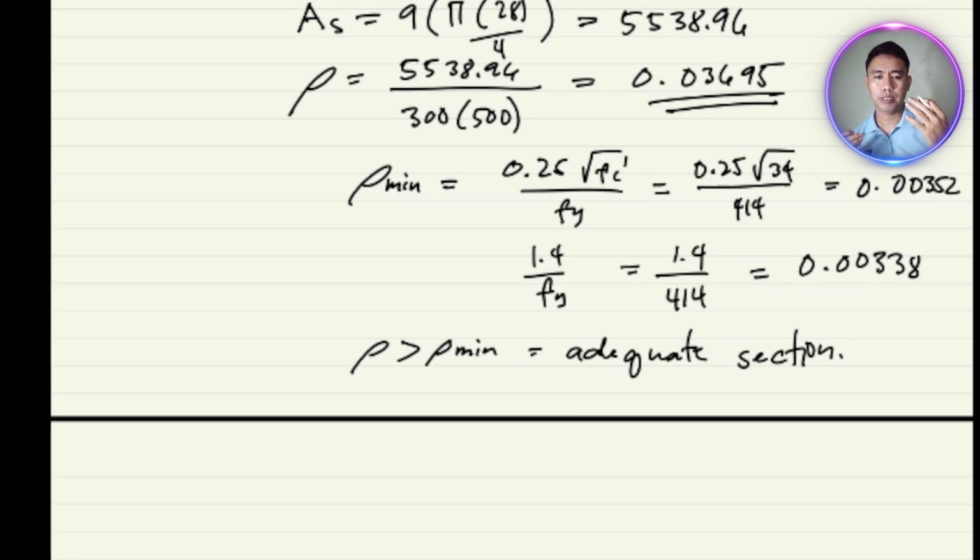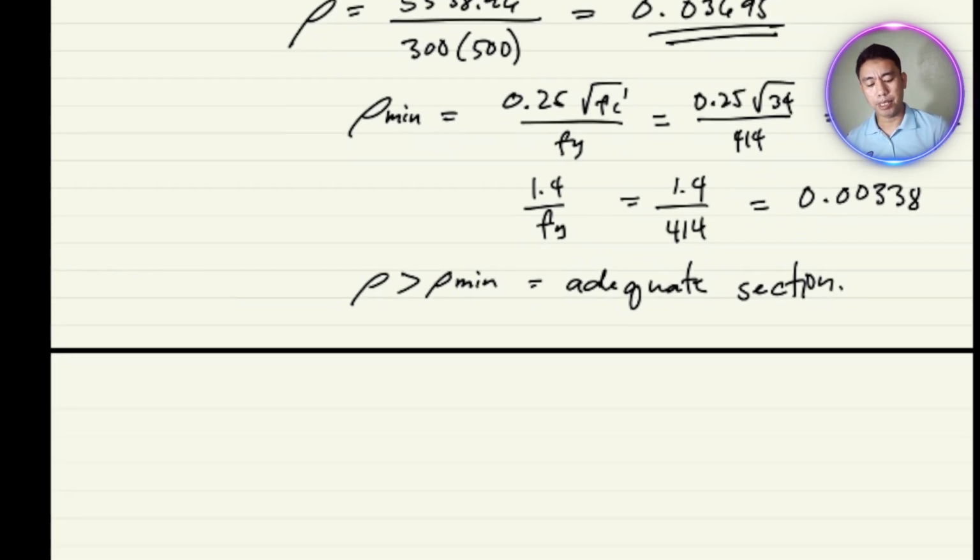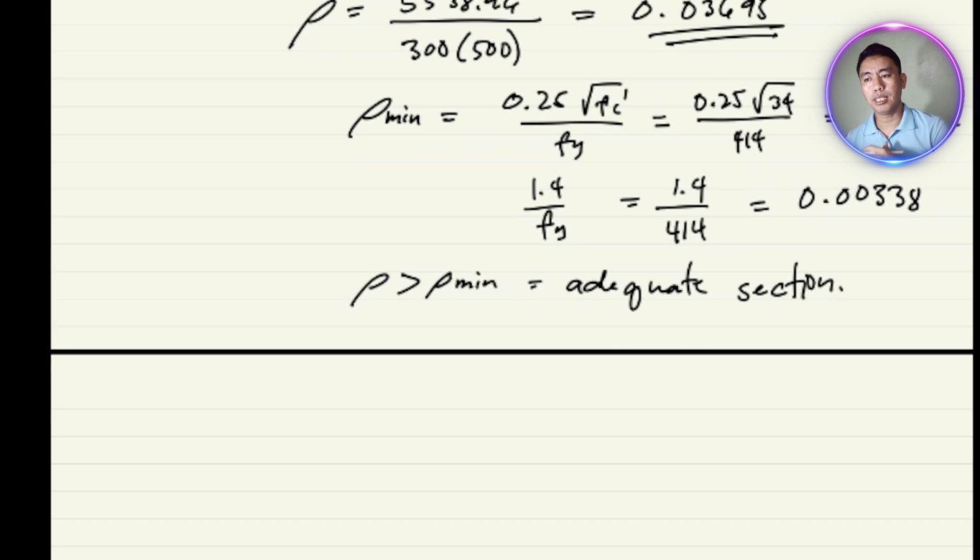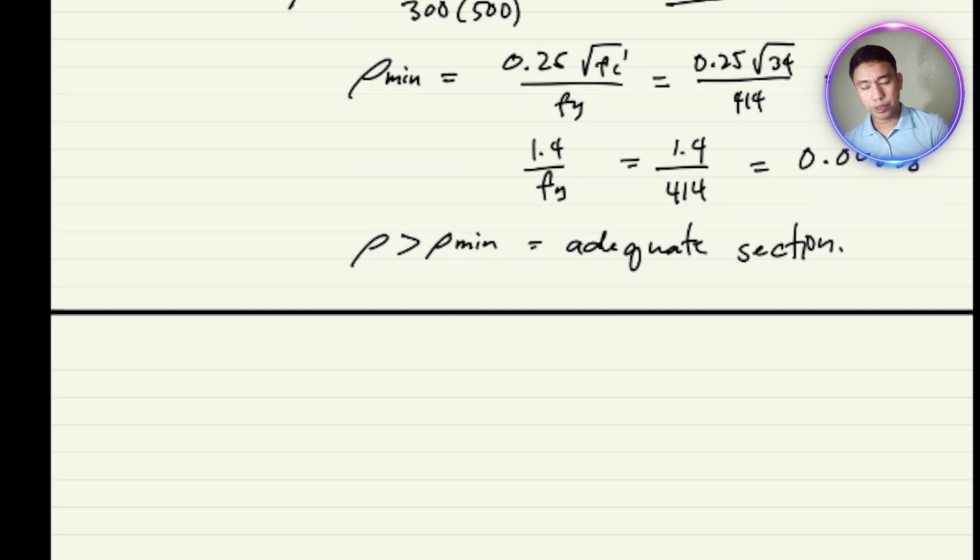And then, kahit kulang yung rho minimum, we can still proceed with the analysis or determining the capacity of the section. Kahit less than rho minimum siya. But whenever we are designing, dapat yung actual rho natin should be greater than rho minimum. Okay?